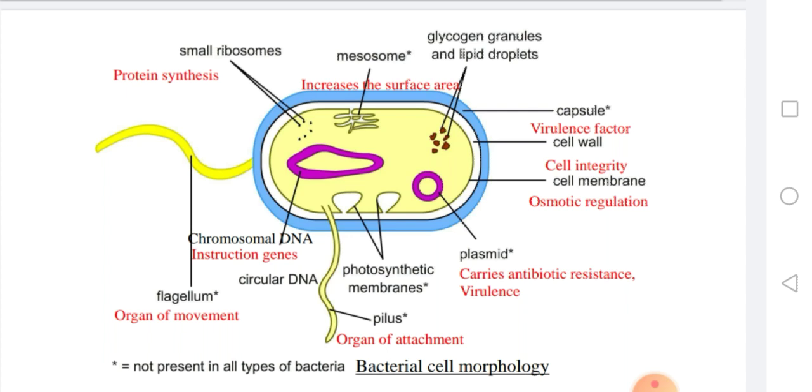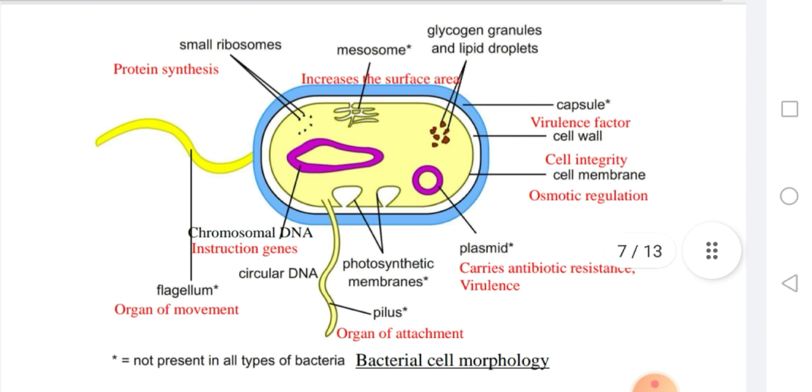Lower down, the photosynthetic membranes in some bacteria. The rest are common to all. The red color illustrates the function. The black writing illustrates the organ or the component.